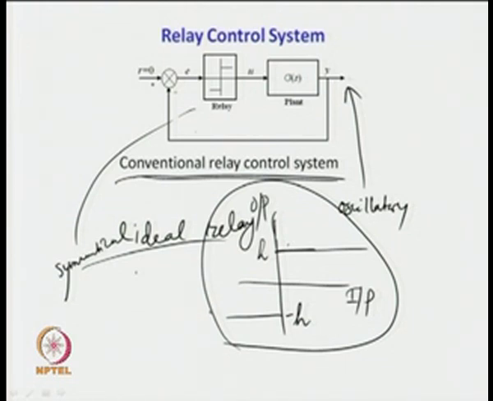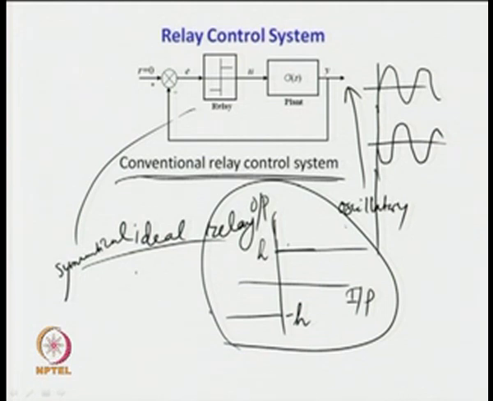The output of this scheme is sustained oscillatory. Corresponding to that, the input E will be negative of that. Sorry, it is not to the scale. So, this will be the input, and corresponding to this what type of relay output we will have?